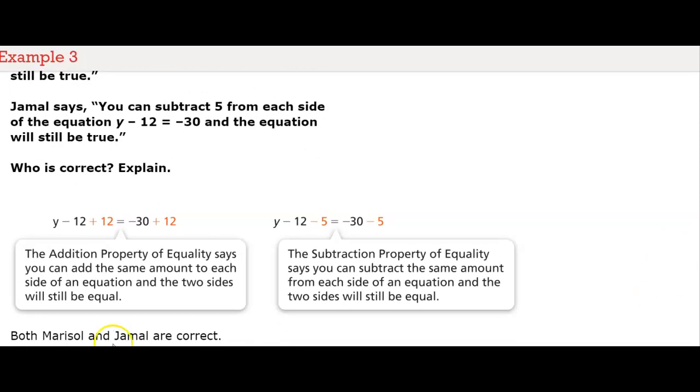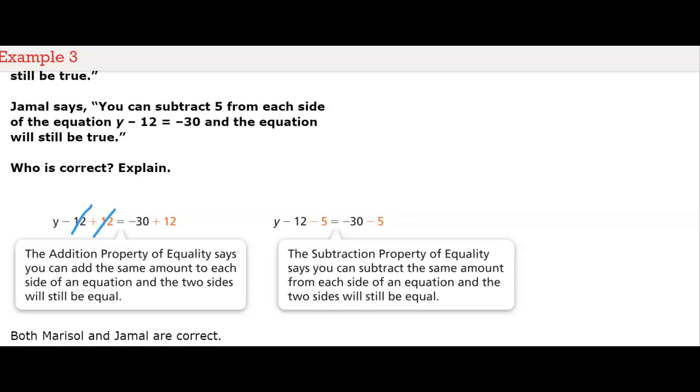As you see here, if you were to do what each of them say to do to the equation, it shows the addition and subtraction property of equality, and it will equal the same on both sides. So just to clarify, we have y and minus 12 plus 12.